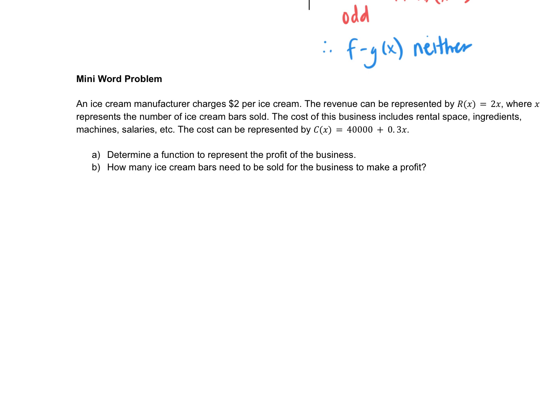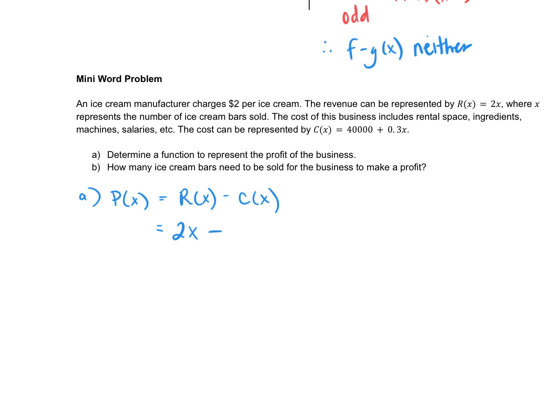Well, when we're talking about profit, it's money coming in minus all of the costs. So P of x, profit, is going to be revenue minus cost. So it's a subtraction of two functions.